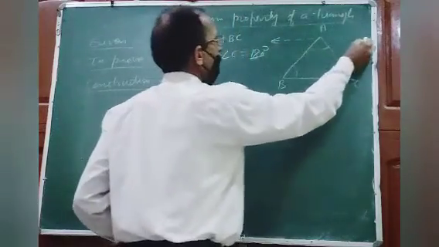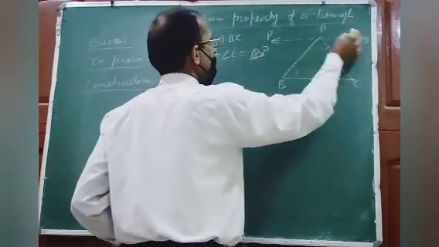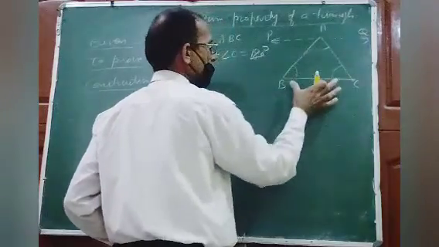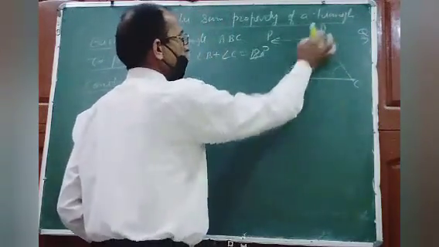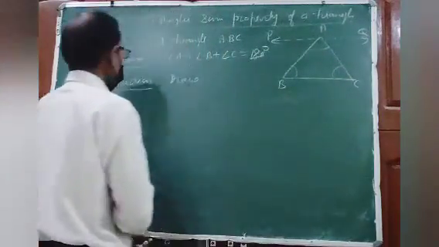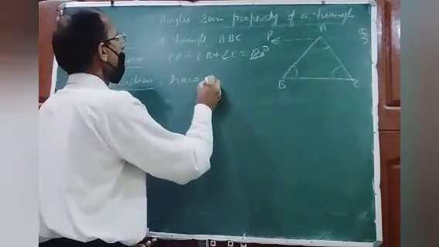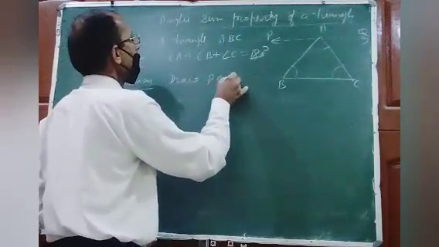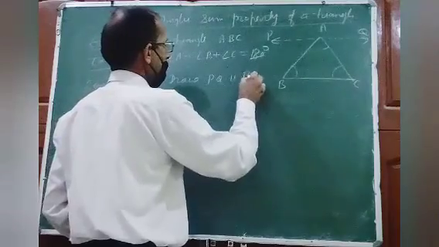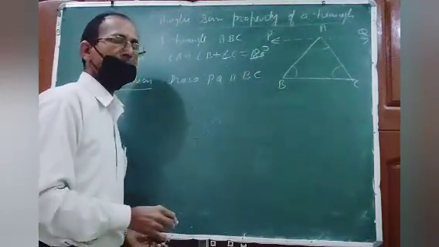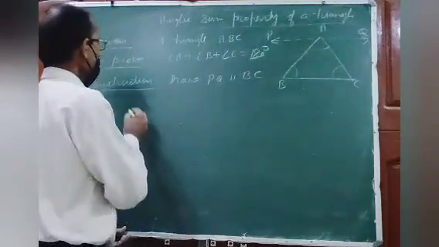So P and Q, I am constructing. PQ is parallel to BC, which passes through A. Construction: draw PQ parallel to BC, which passes through A.